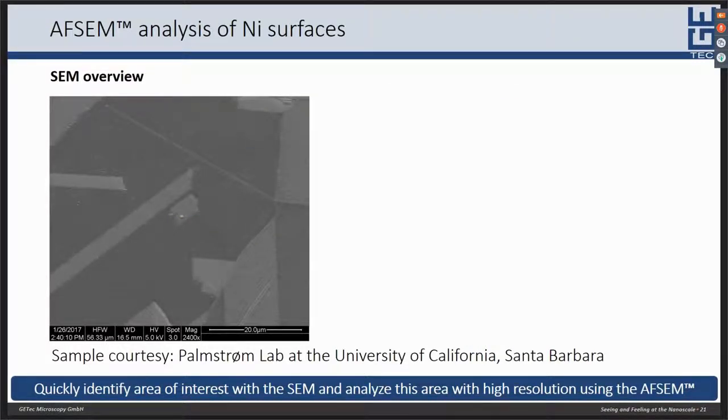I'd like to specifically point out that the AFSEM now enables an interactive experiment in the SEM. In this case, the SEM is used as a fast screening tool, whereas the AFM provides the respective local growth information of the thin film. We can, for example, then measure this grain boundary here with the AFM.